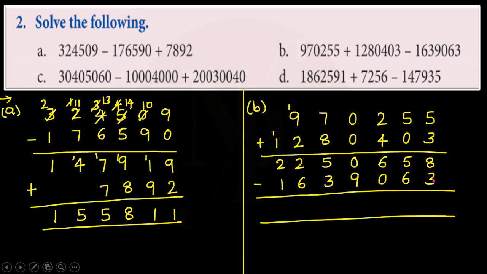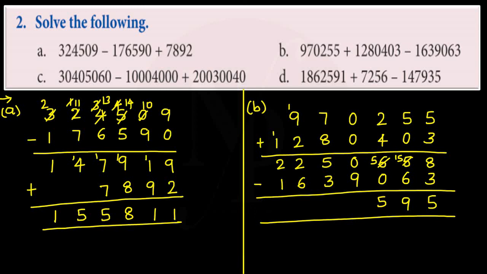Subtracting 3 from 8 we get 5. And subtracting 6 from 5 is not possible, we have to regroup. This will be 5 and this becomes 15. Subtracting 6 from 15 you get 9. And here subtracting 0 from 5 we get 5.